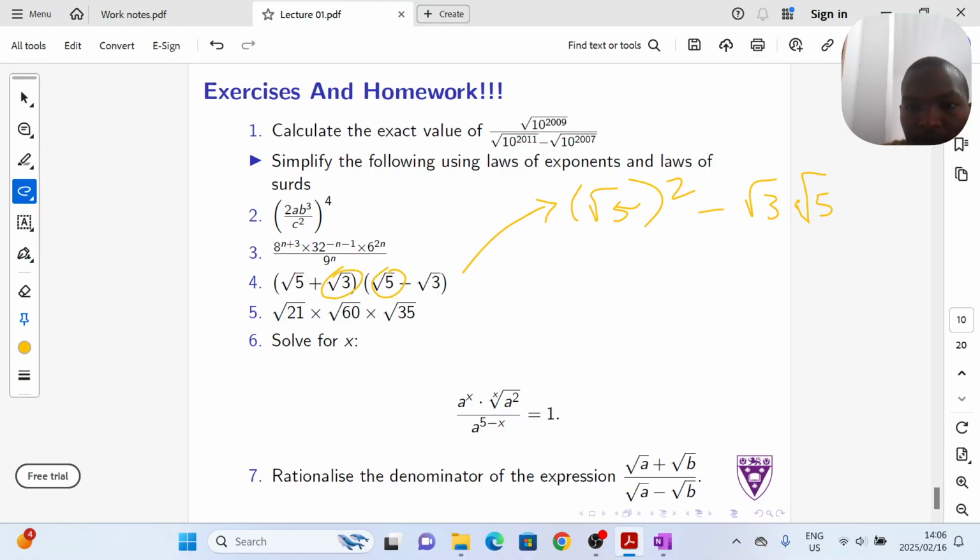So we're going to have a plus square root 3 square root 5. And then after that, we multiply these last terms. So we're going to have a minus square root 3 squared.